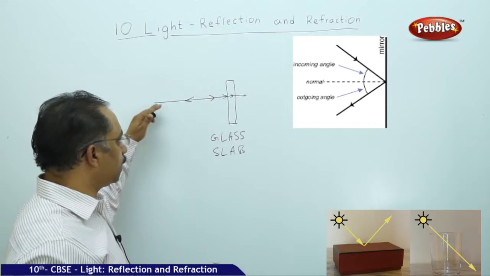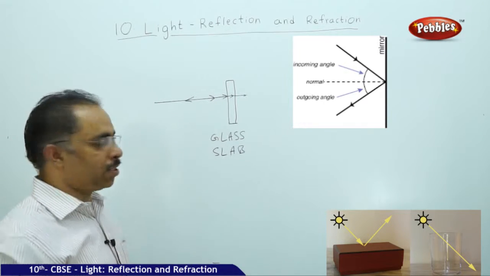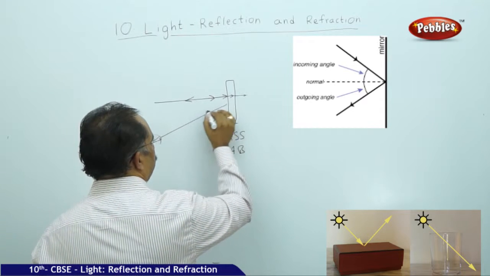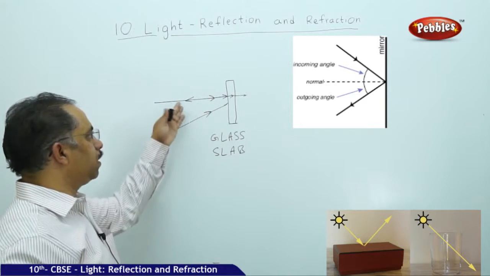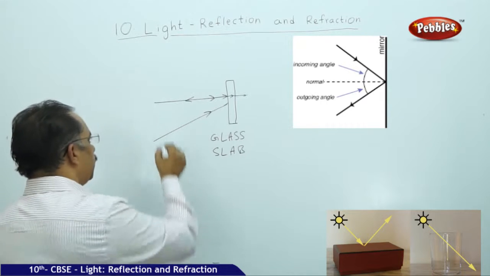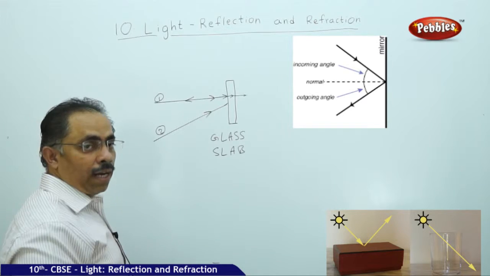Now the light ray is incident straight over here. It can be incident in another direction also. Like for example, if I take a light ray, you see the direction is different for these two light rays. I will say this is the first light ray, this is the second light ray, say a light ray from another source.